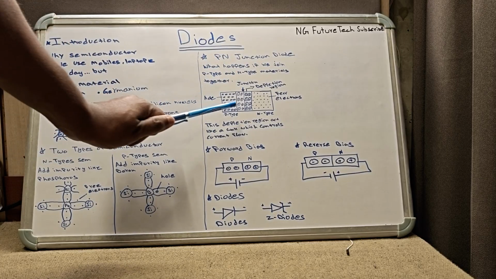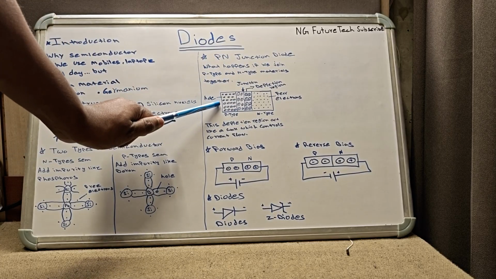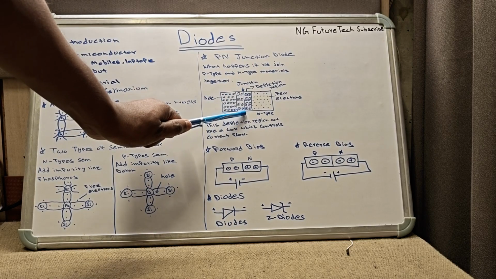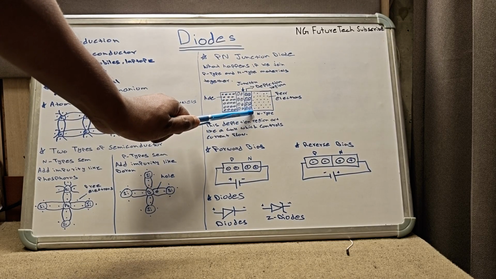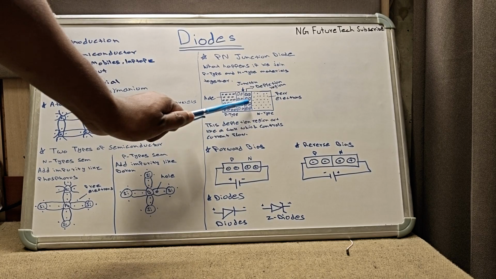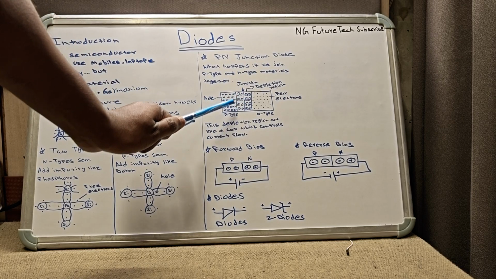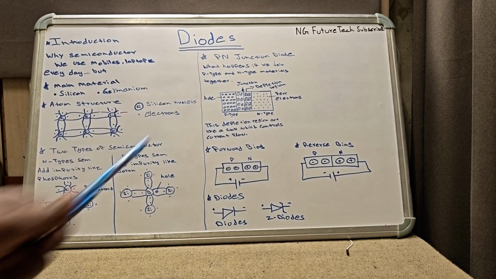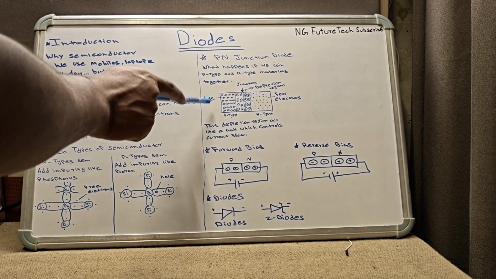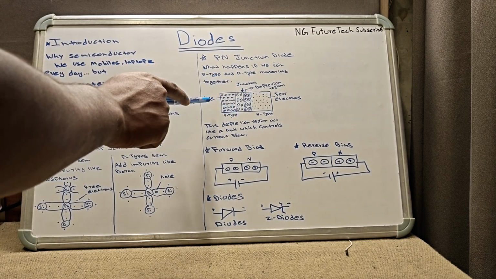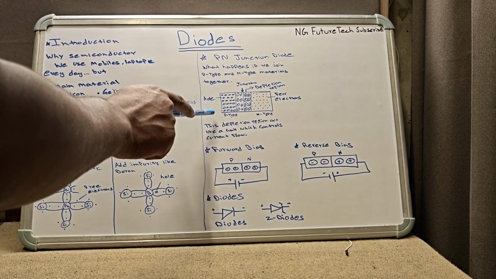When we join P and N-type, some holes try to cross this region and it creates a junction, and some electrons try to cross this wall.